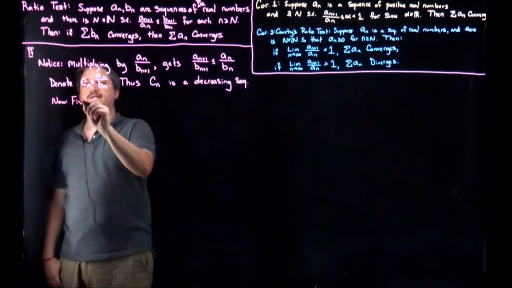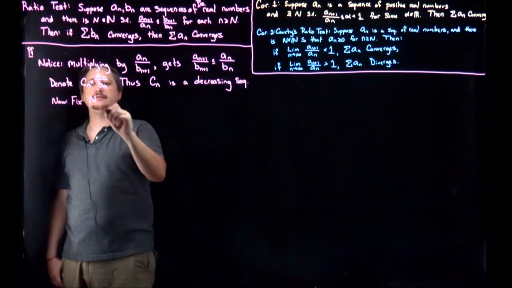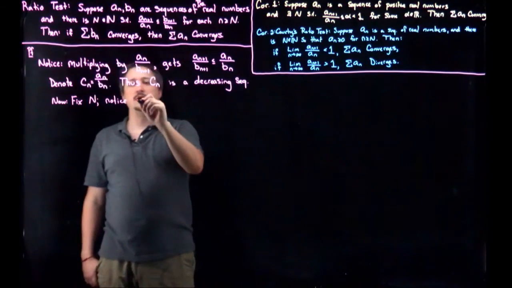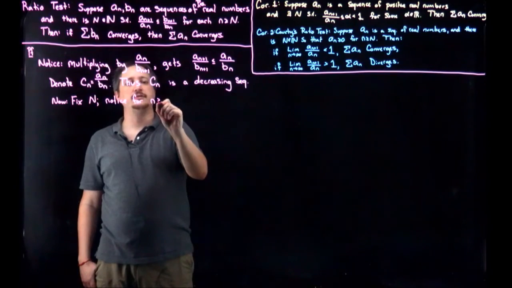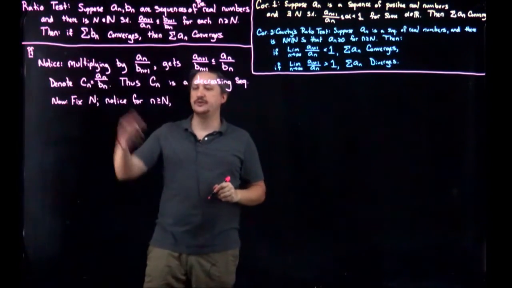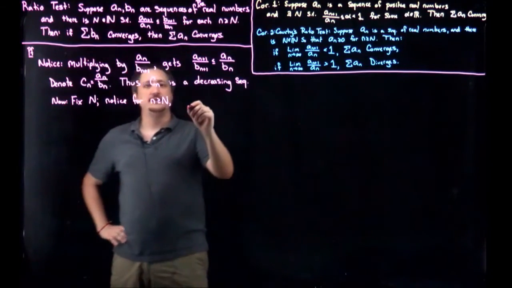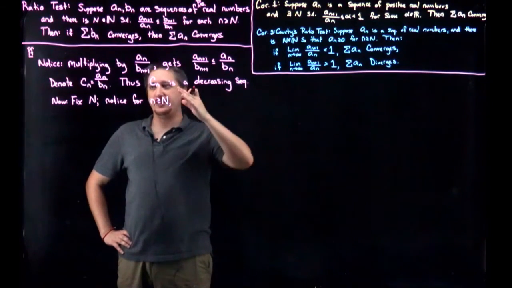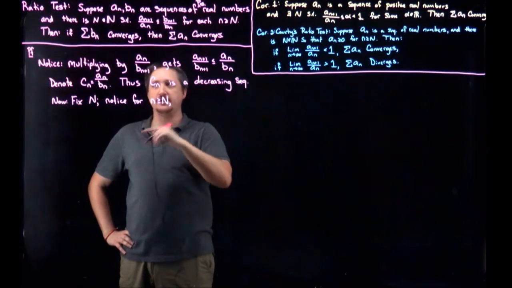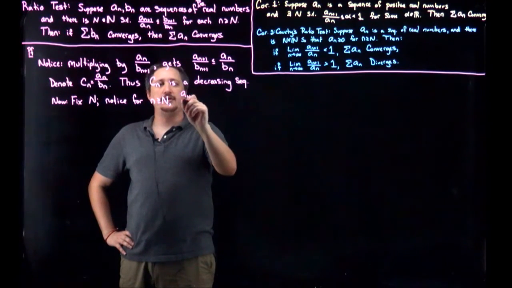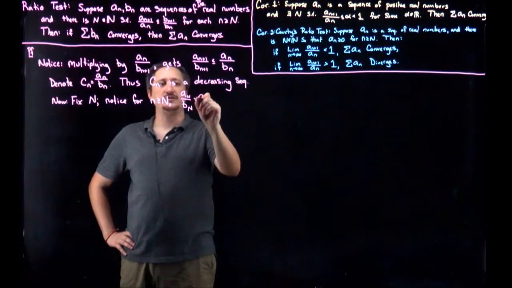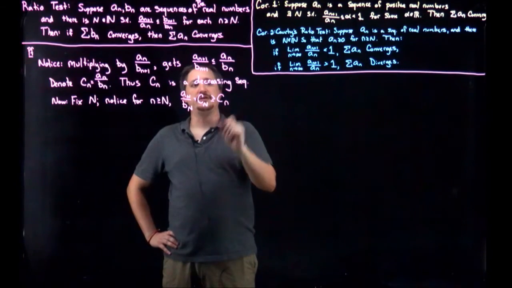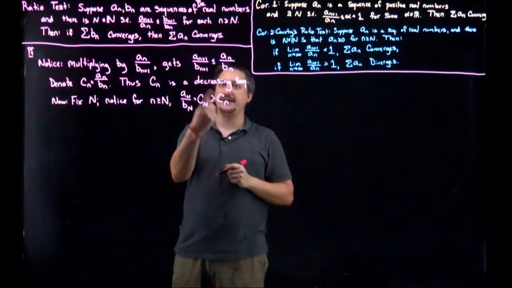So now, if we fix some, let's say N, I'm going to notice for little n bigger than capital N, because this is decreasing, I'm going to get that C_n is decreasing, which means the bigger, earlier in the sequence, is bigger, meaning that a_N over b_N, which is really C_N, is going to be bigger, or at least as big, as C_n, because n is even further and it's decreasing.